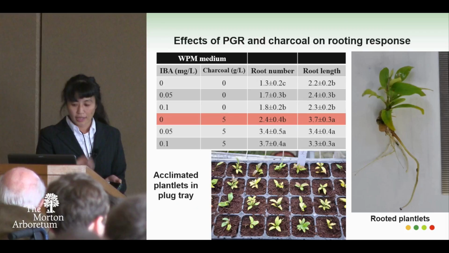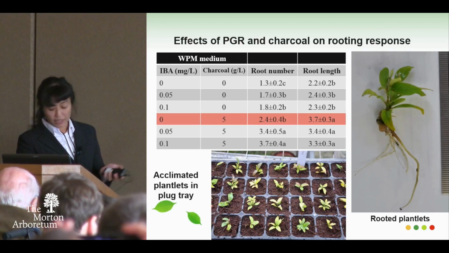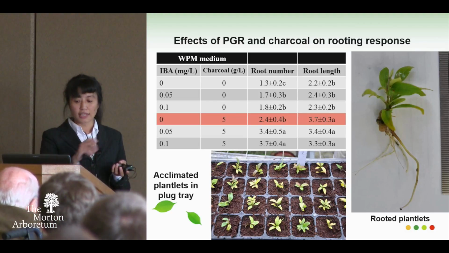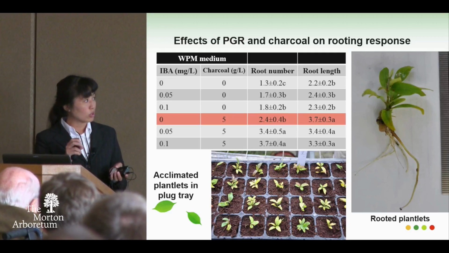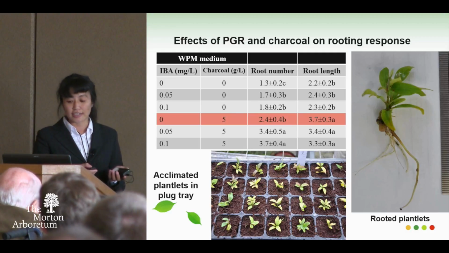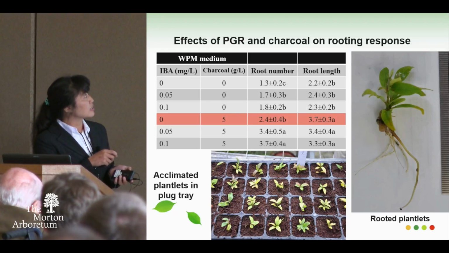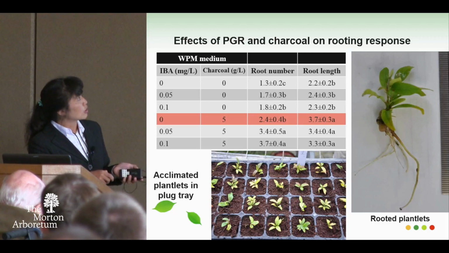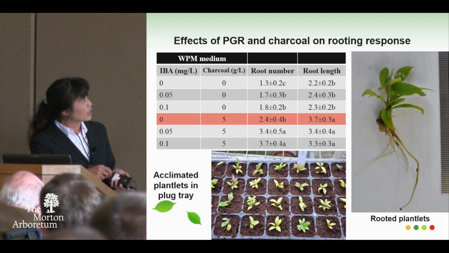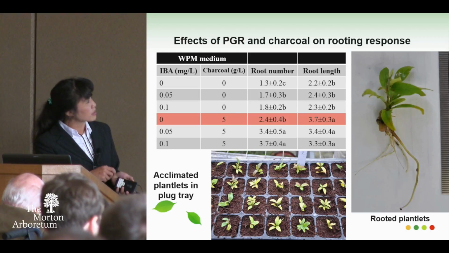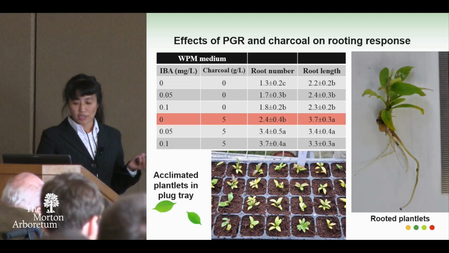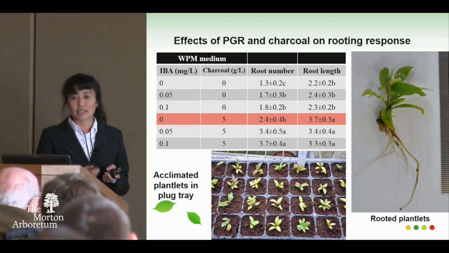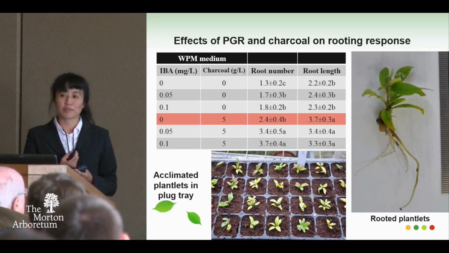And after we get some shoots from the explant, we cut them down and transfer them to the rooting media. We tested several combinations with carbon and different kinds of plant regulators, and we found this one works best. So here we succeeded, but there's a problem: we only succeeded on young plants, not the very old trees.